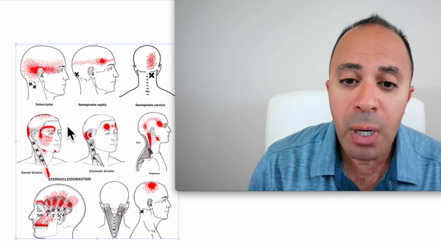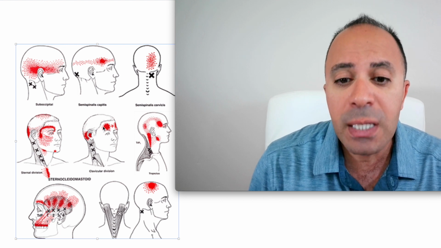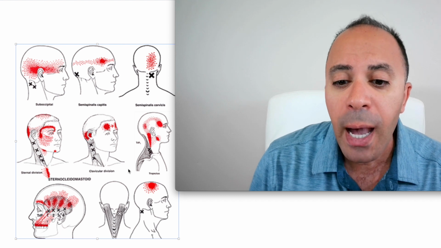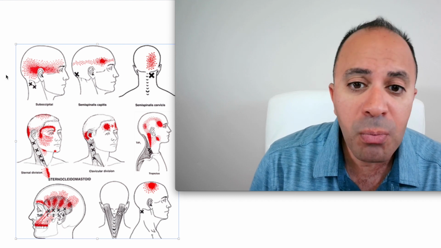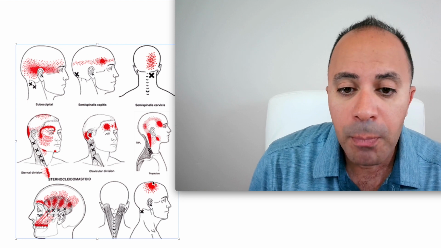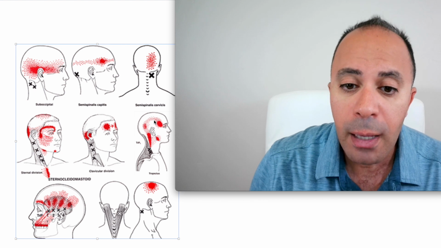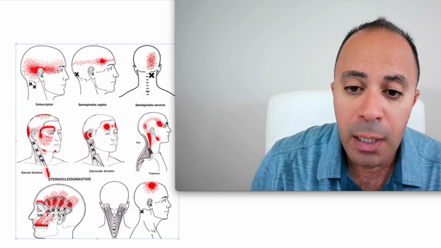I don't want you to worry about this. It's just a different way of presentation of the tension headache. When you experience tension headache, you might have any of these or a combination of those. You also could have it on the top of your head, or like in this image, a U shape here.